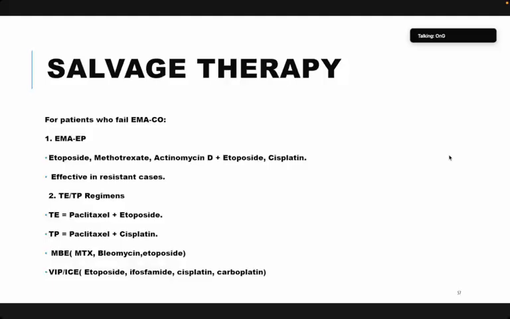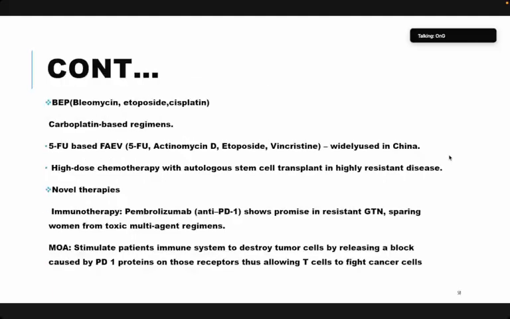And then this is the salvage therapy for patients that are failing first-line treatment for all the different groups. You can either give EMA-EP, or you can give the TE-TP regimen, or the bleomycin-based regimen, or the carboplatin-based regimen.